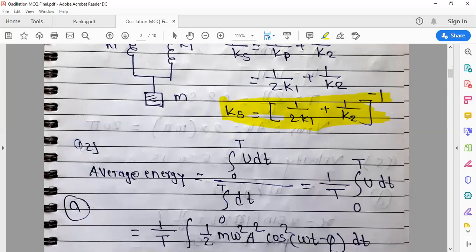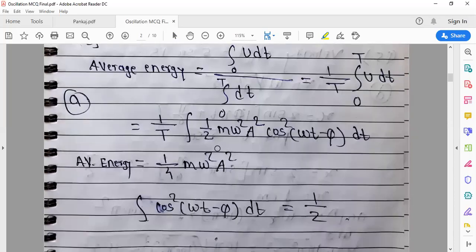According to the definition, the average energy is equal to the integration of energy with respect to dt, divided by the time period. This is the formula to calculate the average energy. The integration of dt with respect to the limit 0 to T is 1 upon T. So put the value of total energy, this U, in this equation, we get 1 upon 2 m omega square A square. M is the mass of the block, omega is the angular velocity, capital A is the amplitude, and this is cos square of omega t minus phi.